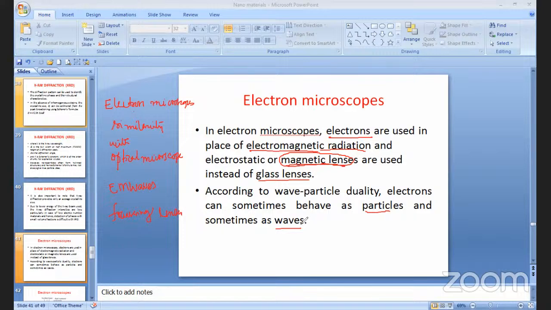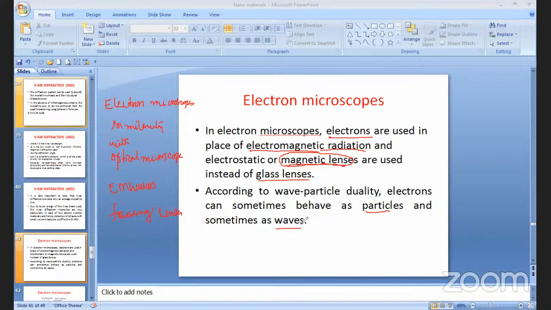Therefore, just like electromagnetic radiation, which we have used in the case of the optical microscope, which can be used to image the objects, that means which we want to take an image of.